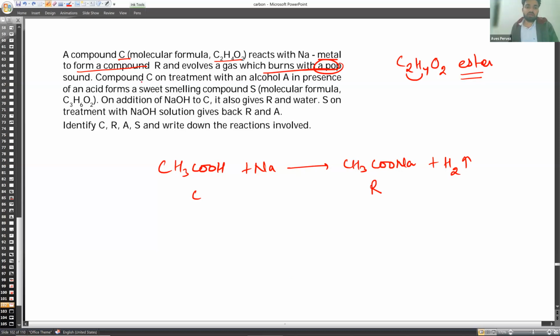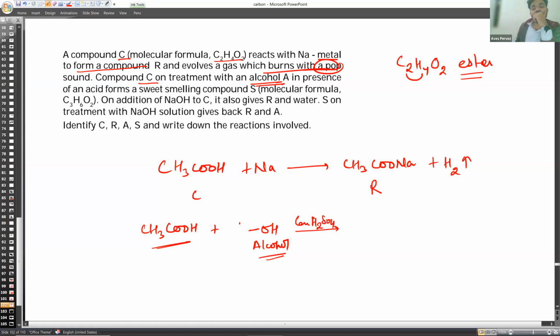Now it is saying compound C is treated with alcohol. We don't know the formula of the alcohol. Alcohol A is given, and we don't know how many carbons it has. When a carboxylic acid reacts with alcohol, it gives esters. Do you know this one? Carboxylic acid and alcohol give, tell me what it gives.